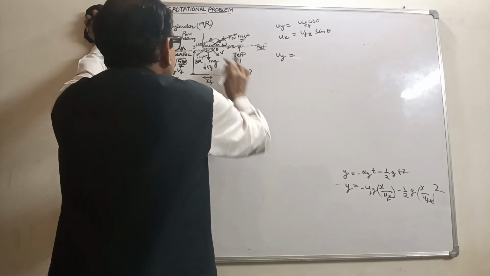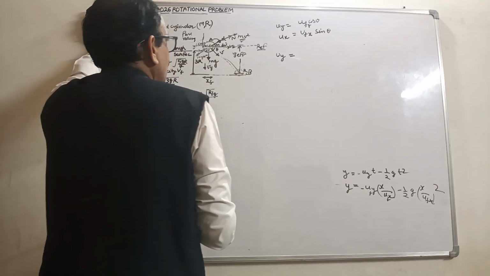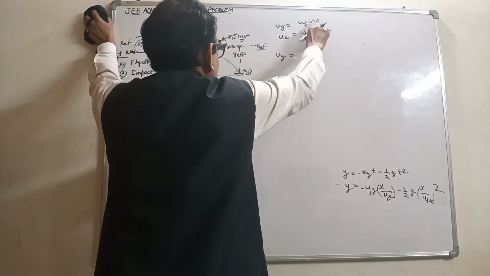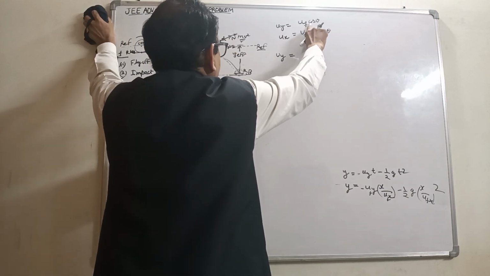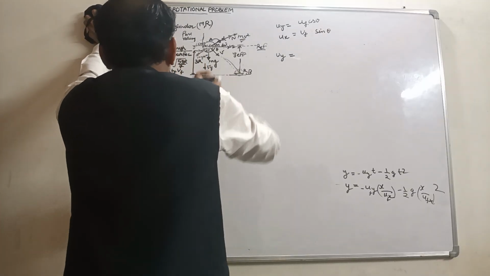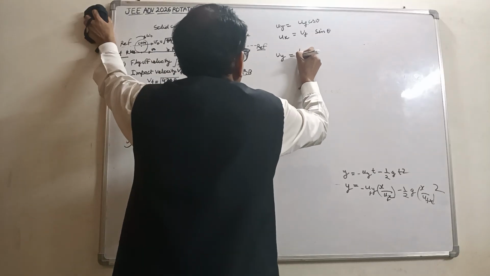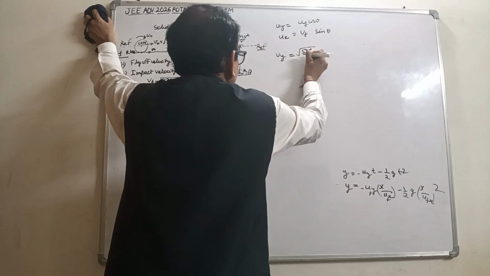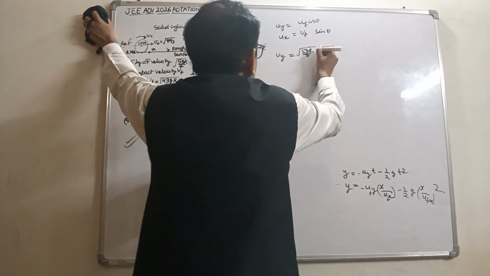Sorry, this is u flying. Only u flying: u flying into sin theta, u flying into cos theta. U flying is root 5gr by 7, into cos theta.